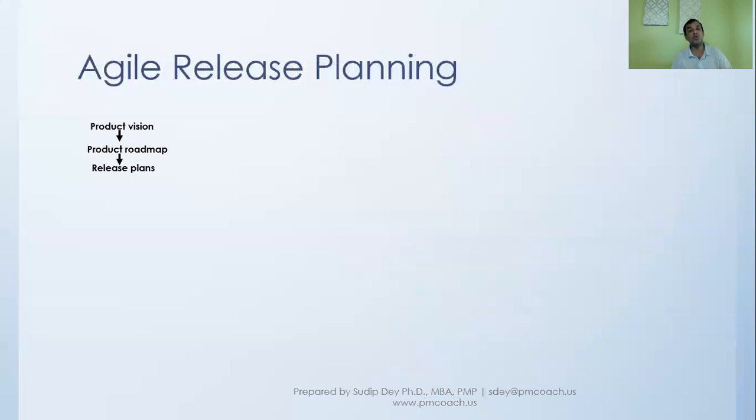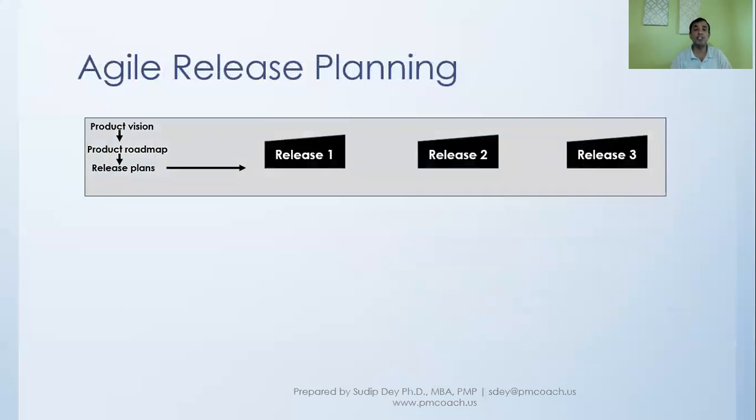So because of the vision and the roadmap, we create a release plan. In other words, based on what the business wants to do, we'll have 3 releases. Release 1, release 2, release 3.